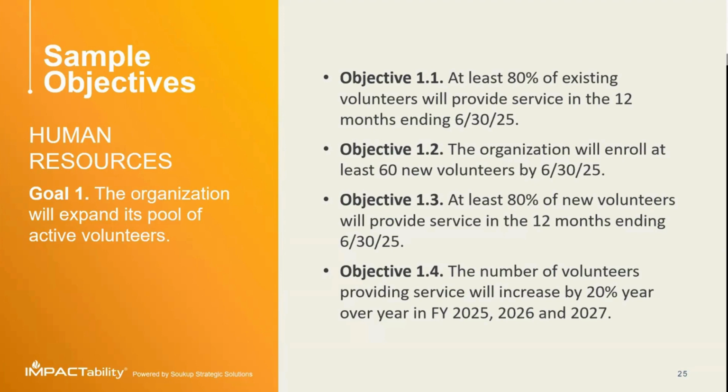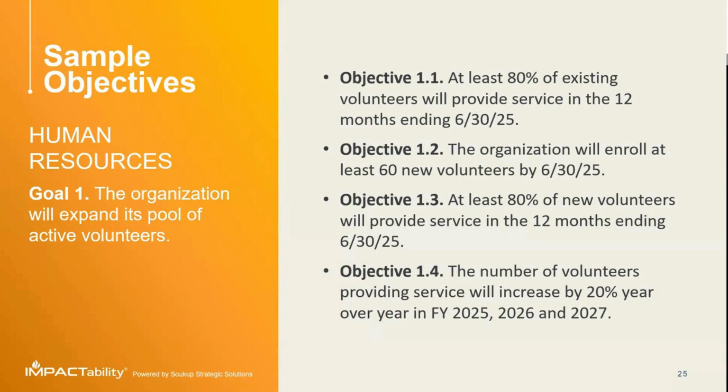So for a human resource goal of the organization will expand its pool of active volunteers, the objectives could be something like at least 80% of existing volunteers will provide service in the 12 months ending on a given date.